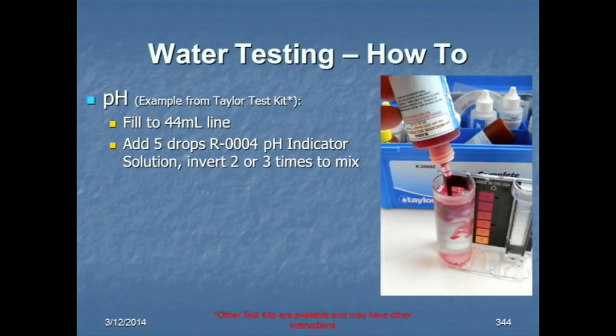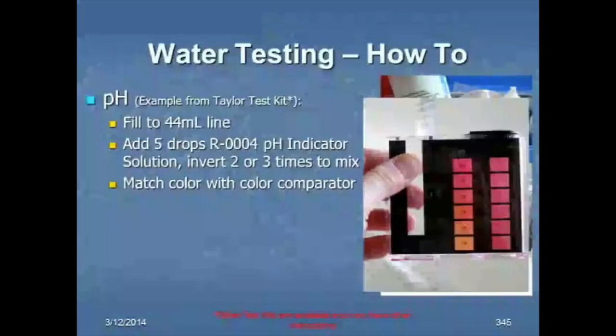After you add those 5 drops, you cap it and invert it. Don't shake the sample, never shake any of the samples. You invert it 2 to 3 times, and then you take the reading. You read what that result says. One of the simplest tests available. Match that color in the vial to your color comparator on your slide.